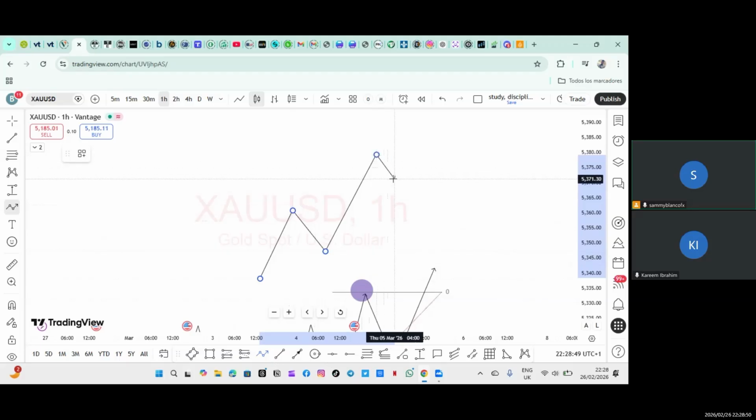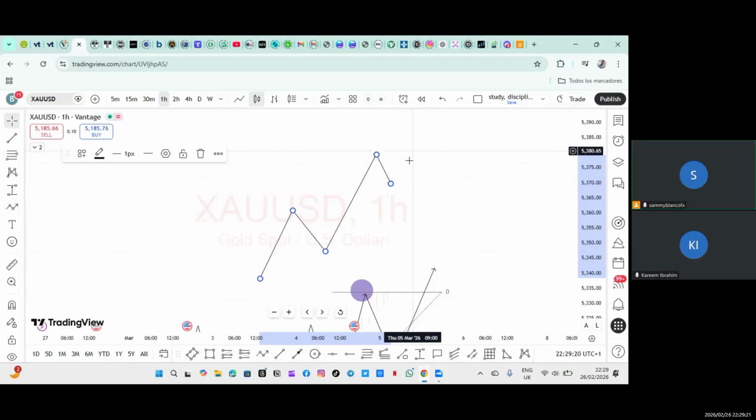This fourth wave normally is the one that is going to determine either it's going to touch your 50% Fibonacci or it's going to touch your 0.6. Most of the time, this wave 4 usually ends at 0.3.